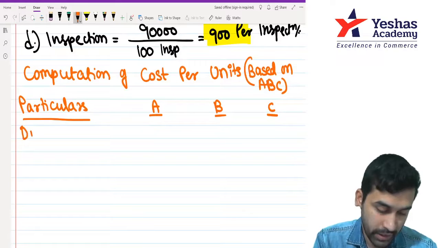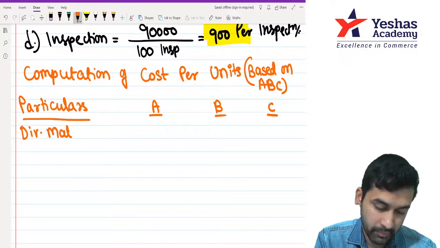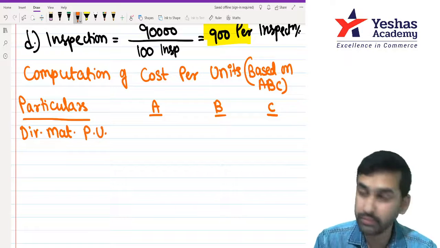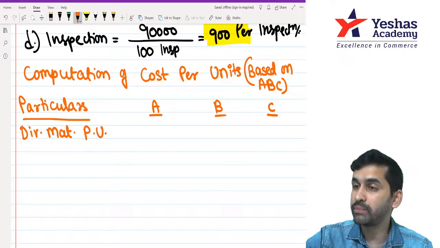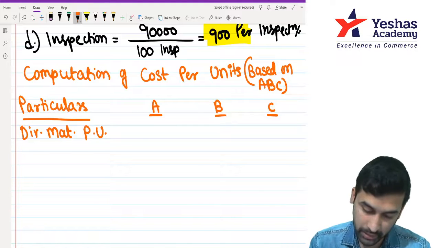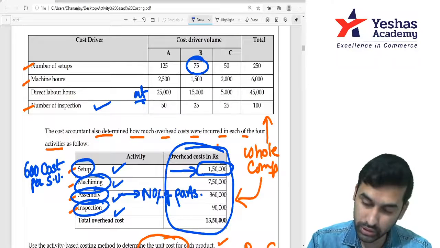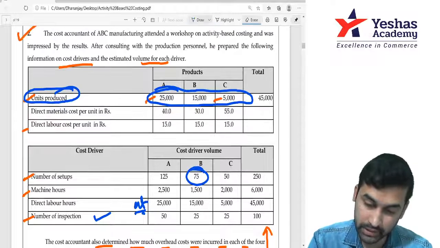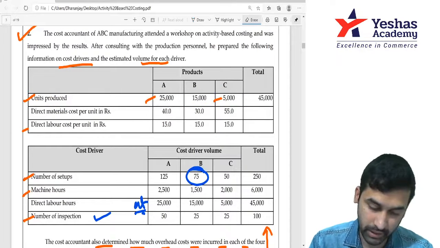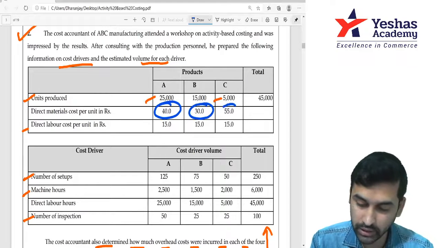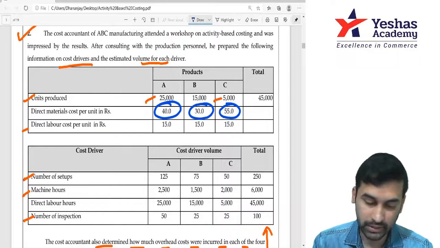First, direct material per unit. Do I know how much is direct material cost per unit? Yes, it is already given. Let me just show you in the question book. Here it is. I'm marking now in blue. 40, 30, 55. Correct?